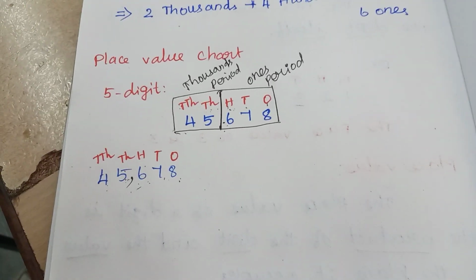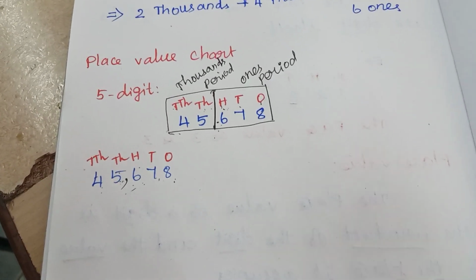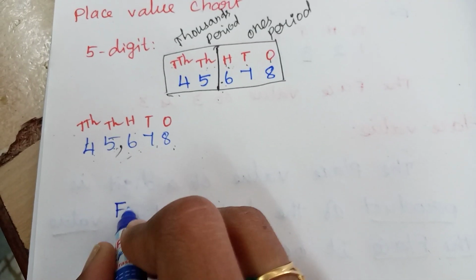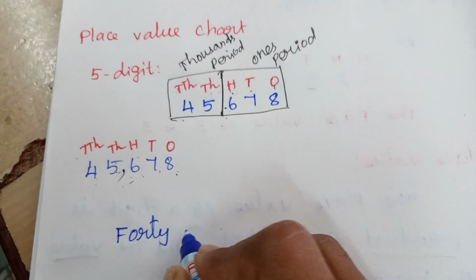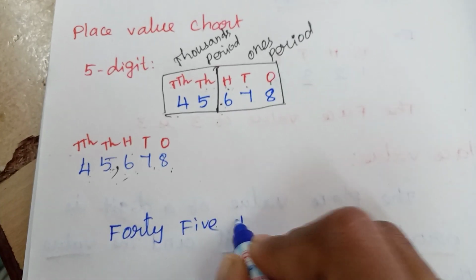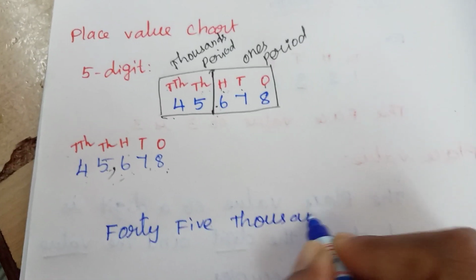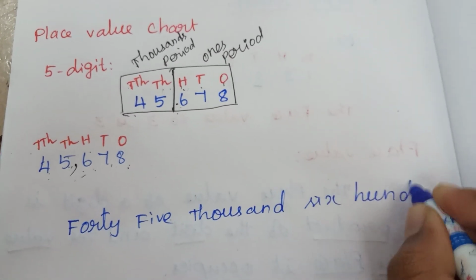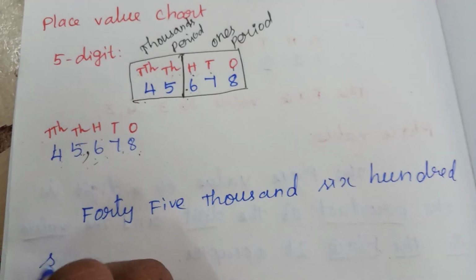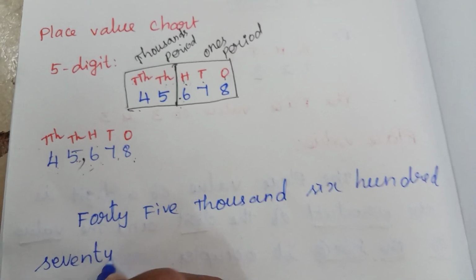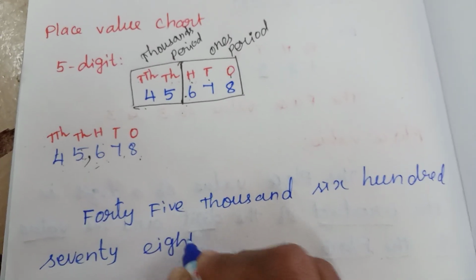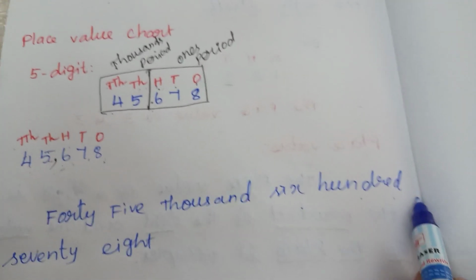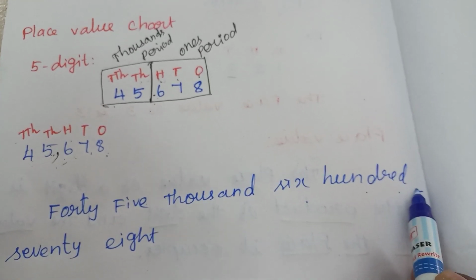Next we have to see how to write the number names for a 5-digit number. 45,678. See, you already know 600 and, last year we used that "and".